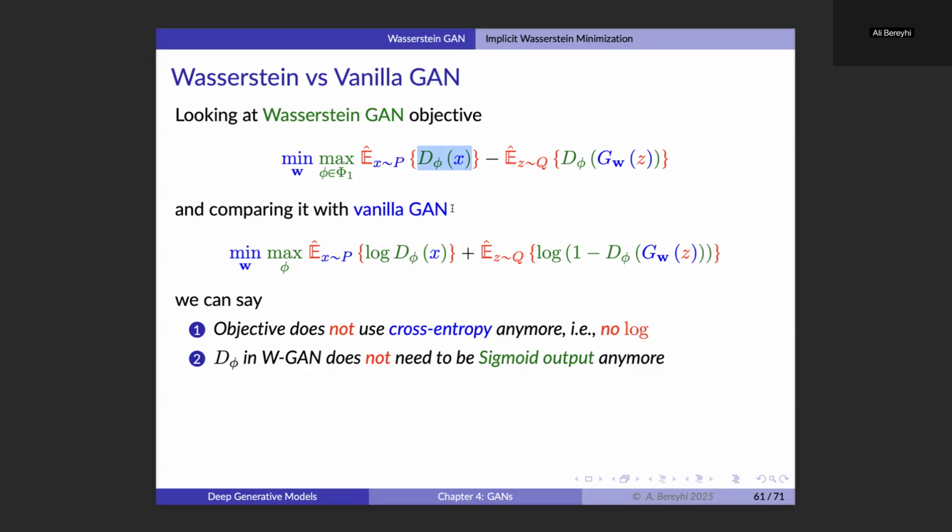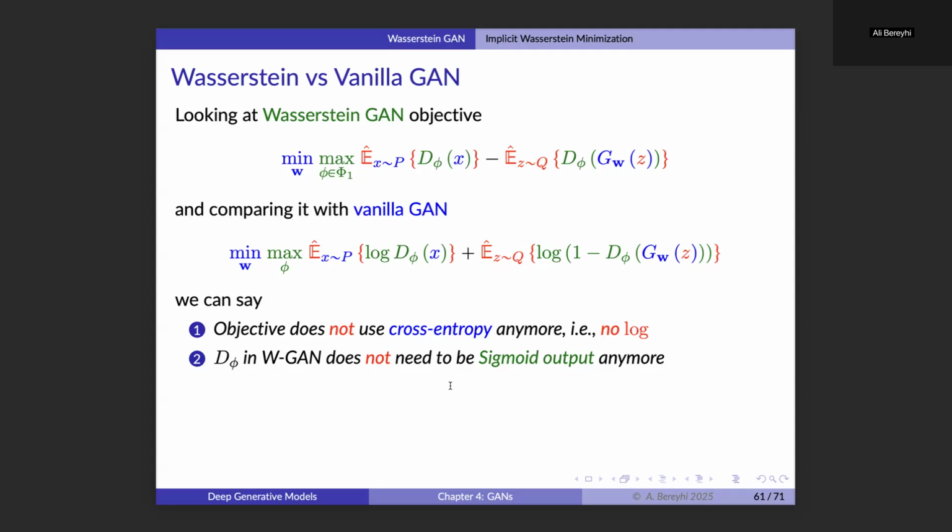So we do not think of it as necessarily a probability distribution. There is no need to make it a sigmoid function. Now, in practice, typically we do not activate the last layer of the discriminator. So we do not put any sigmoid or softmax or anything like this. We just take the output of the last linear layer as the output. So it's like a regression problem.